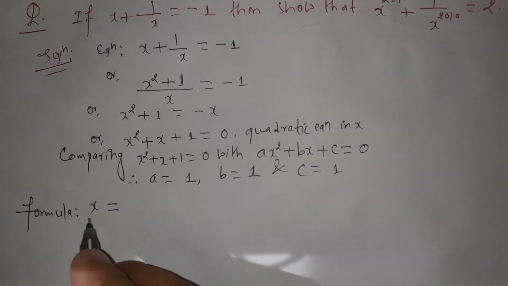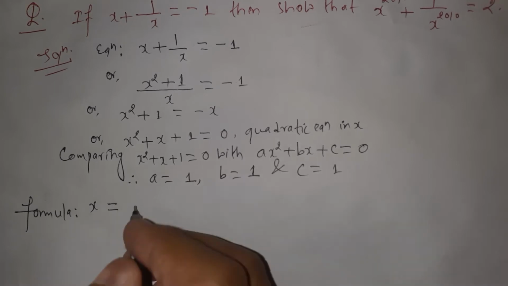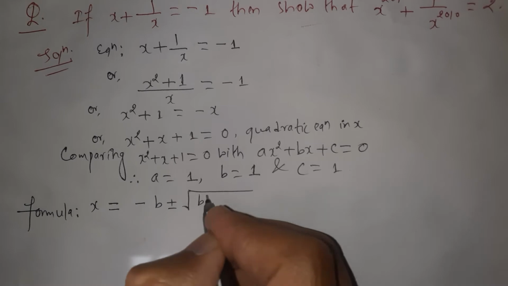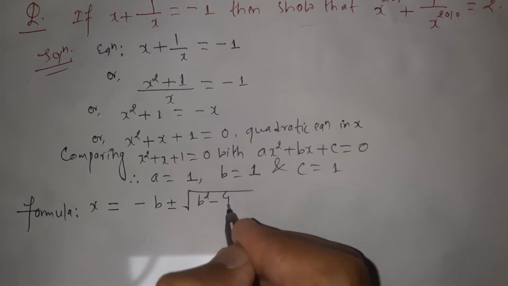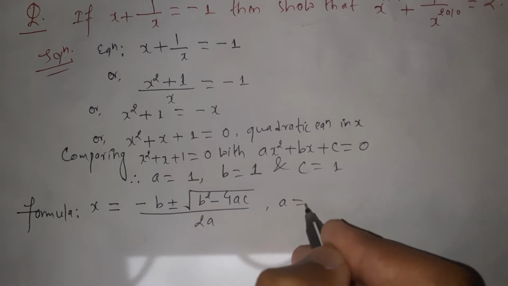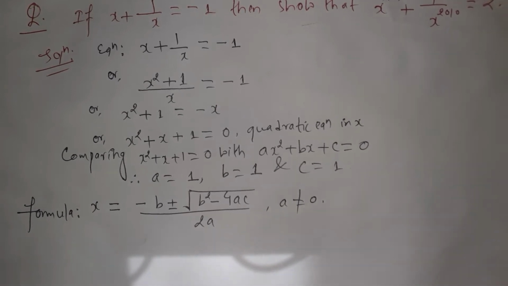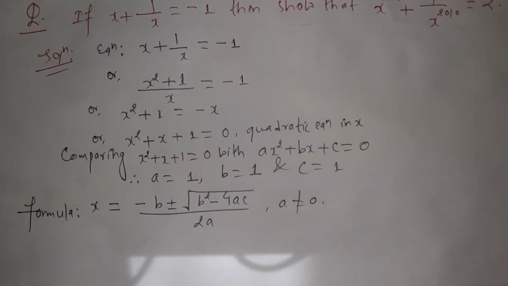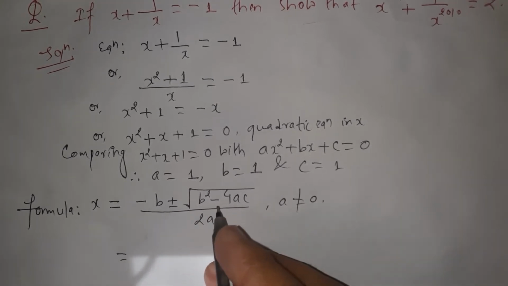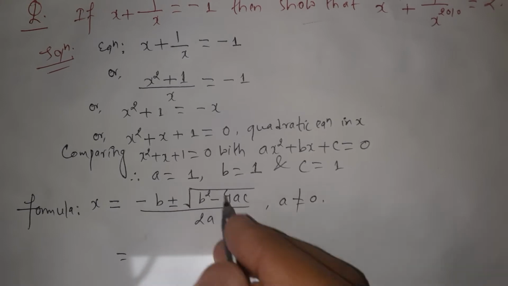The formula is: the variable is equal to -b plus or minus square root of b square minus 4ac, over 2a, where the value of a should not be equal to 0. Please remember this formula.